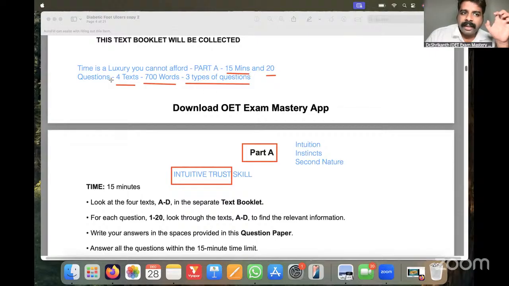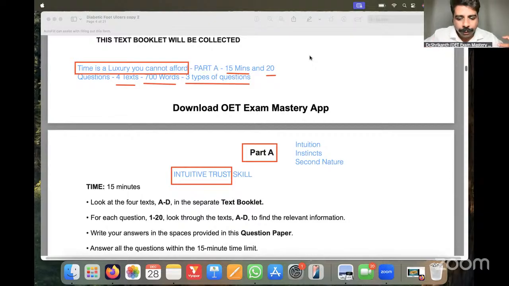That is why in OET Reading Part A, we say that time is a luxury that you cannot afford. For example, if you have a lot of money, you can buy a luxurious car or a luxurious watch. But no matter how much money you have, when it comes to Reading Part A, you cannot afford time. So you should be in a situation to conserve your time.